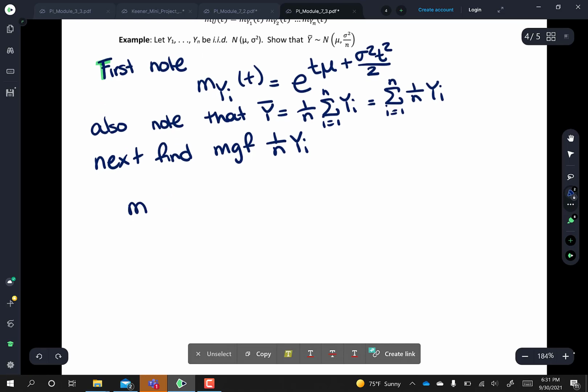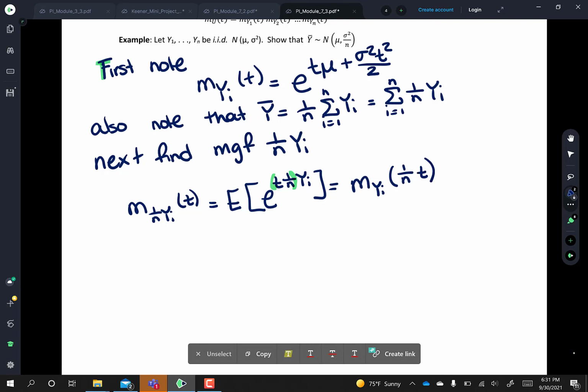The moment generating function of 1 over n yi evaluated at t, by definition, is equal to the expected value of e to the t 1 over n yi. But if we group together the t and the 1 over n, that is the same thing as the moment generating function of yi evaluated at 1 over n times t.